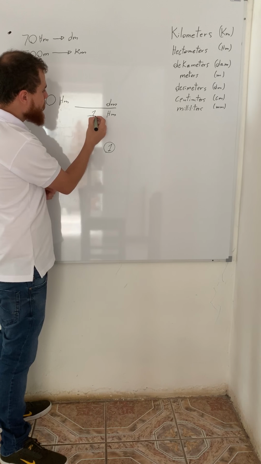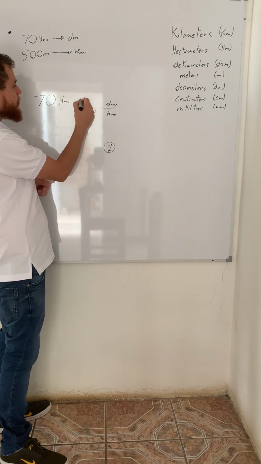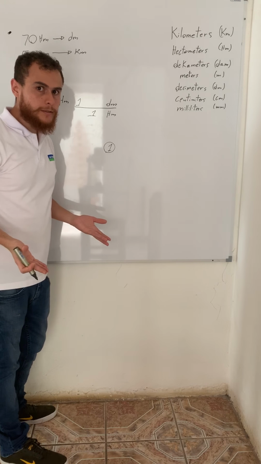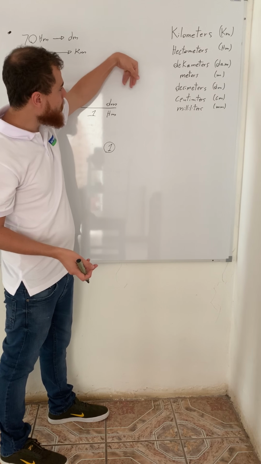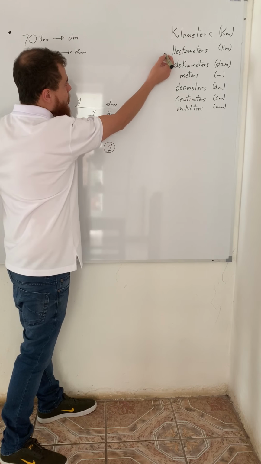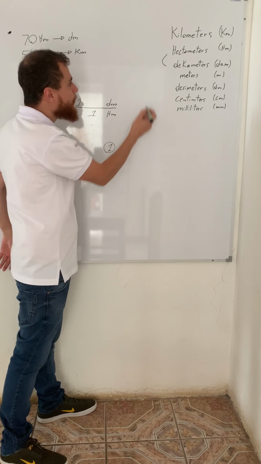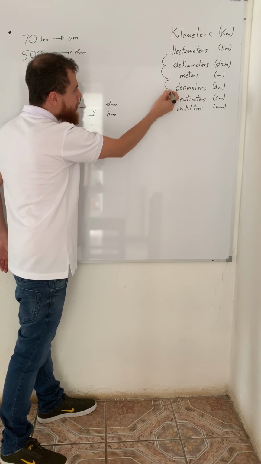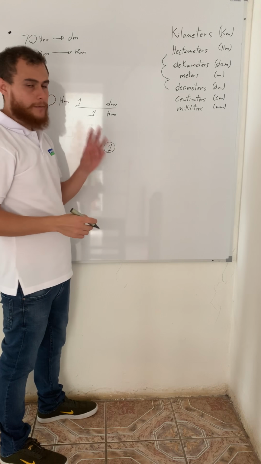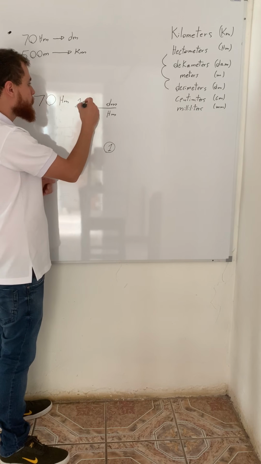And next to decimeters, I'm going to place another 1, but I'm going to place zeros equaling the amount of steps that I need to take. So from hectometers, I'll take 1 step, 2 steps to meters, and 3 steps to get to decimeters. So that gives me a total of 3 zeros.